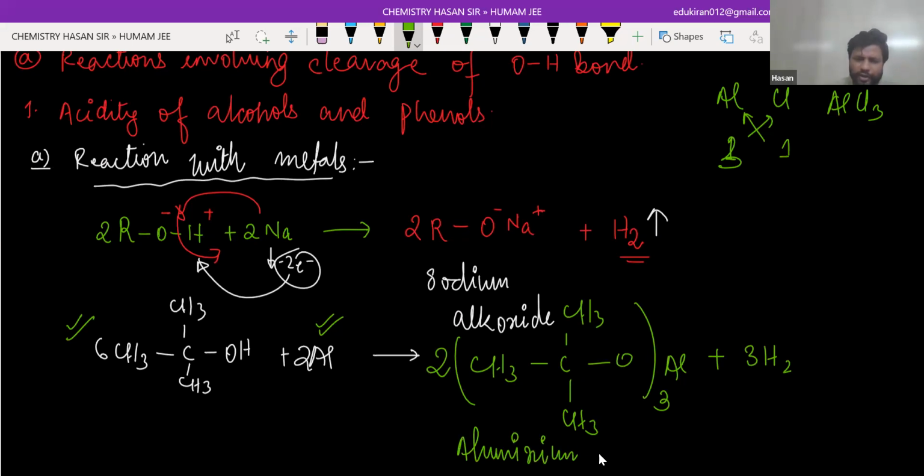Since this is tertiary, we are going to write tert, that means tertiary. How many carbons are there? 4. So butyl, and this is butoxide. If it is one carbon, then methoxide, if 2 carbon, ethoxide, and for an alkyl group, that means alkoxide. Is that clear?